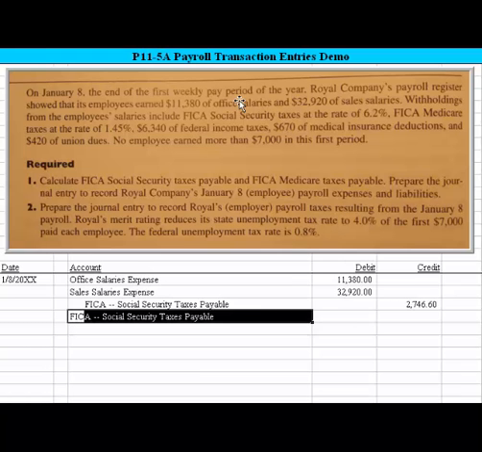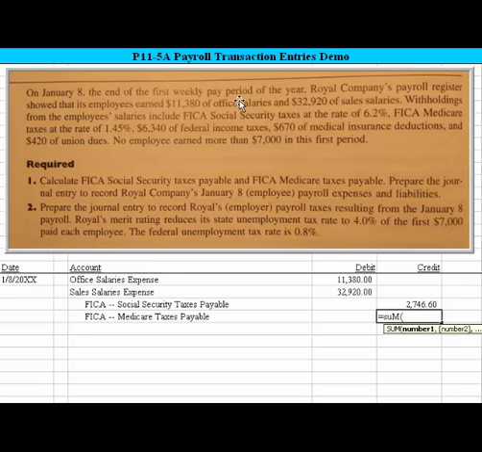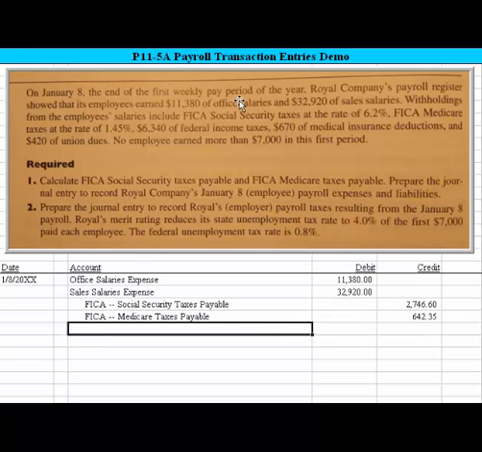Now let's tackle the next item. I'll just cut and paste here. And this would be the FICA for the Medicare portion. And again, we'll take the sum of those two dollar amounts of payroll. Then we're going to take that times the Medicare rate, which is 1.45%. Okay? And we've calculated that amount.